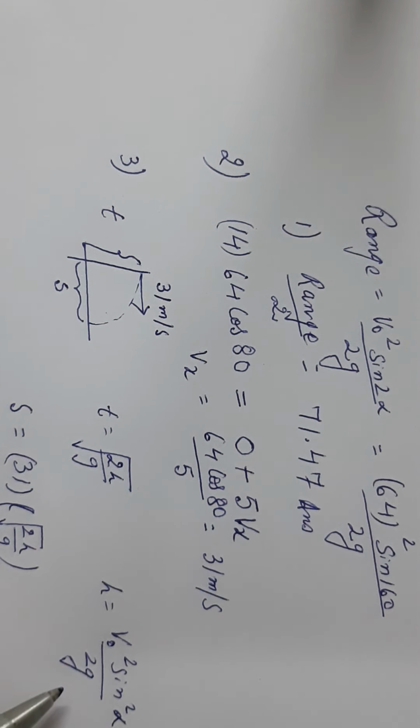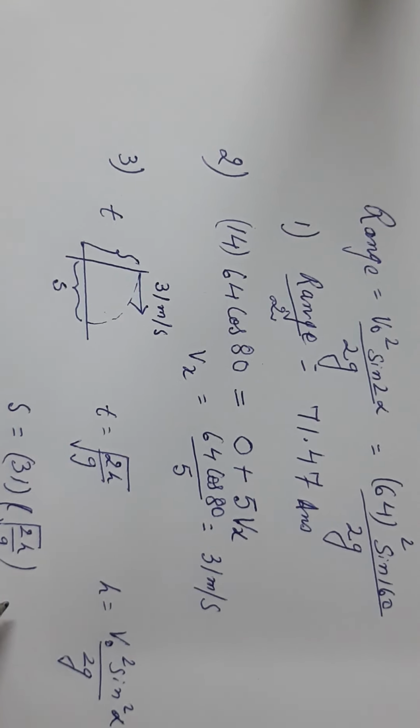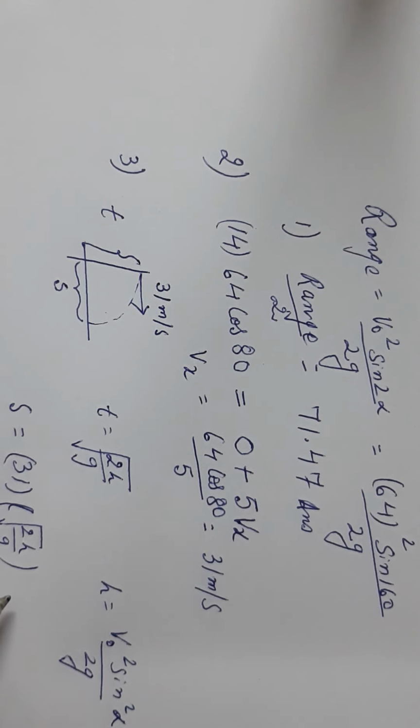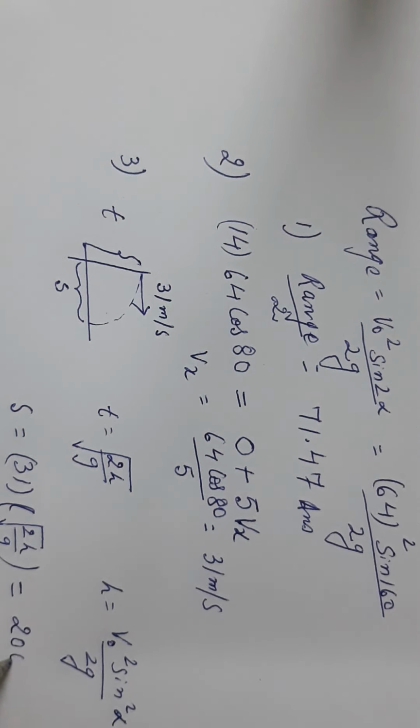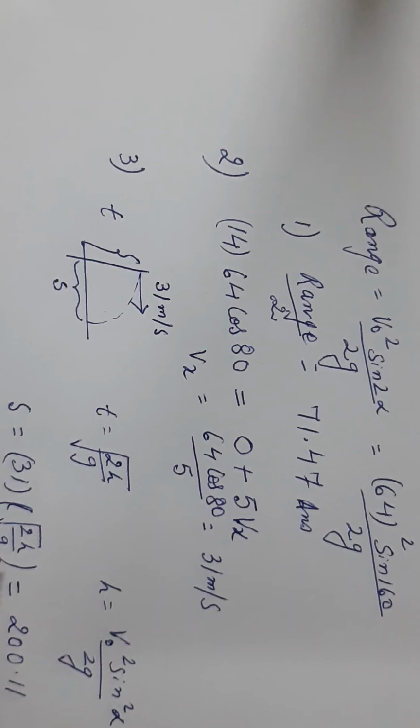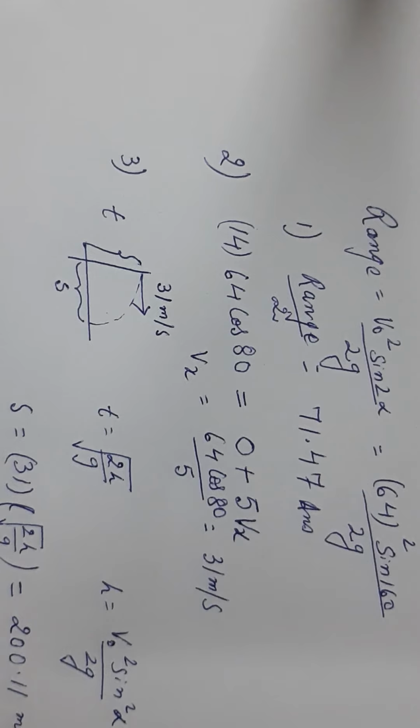Over here I'm marking it as 9.8. As we place in the values, we see S will be 31 times the square root of 2h by g, with g 9.8. We get the value as 200.11 meter.